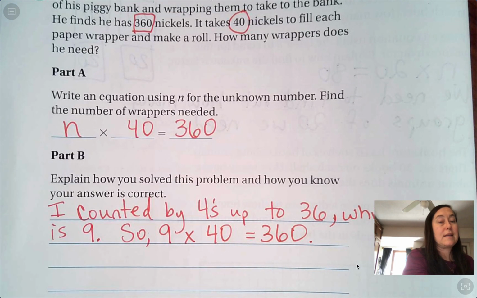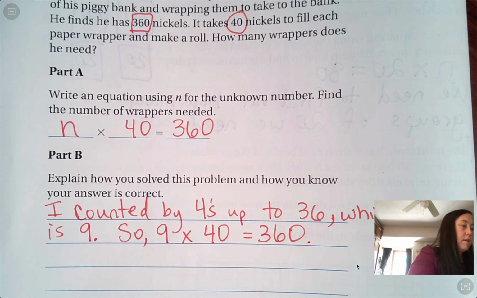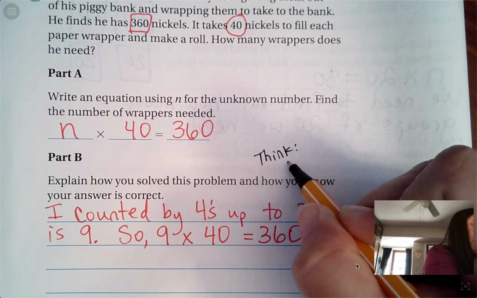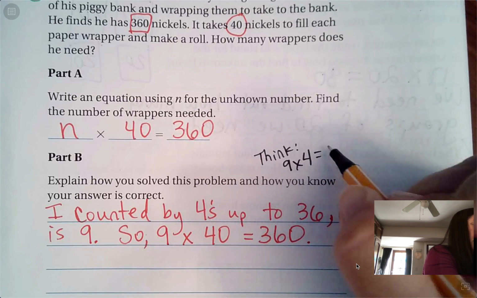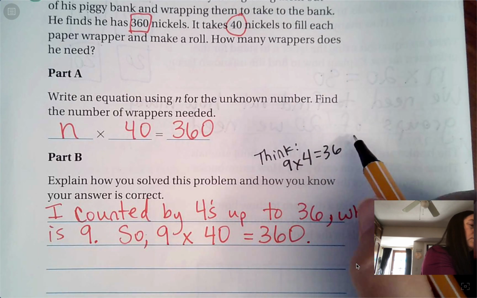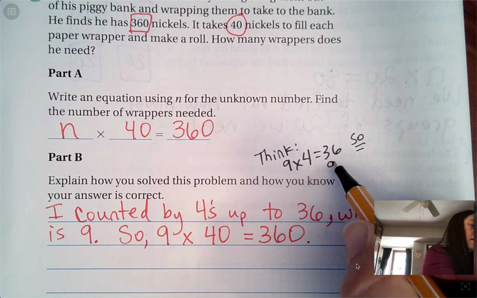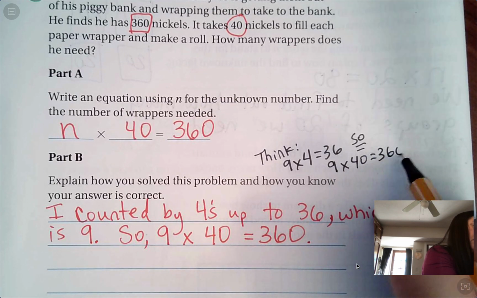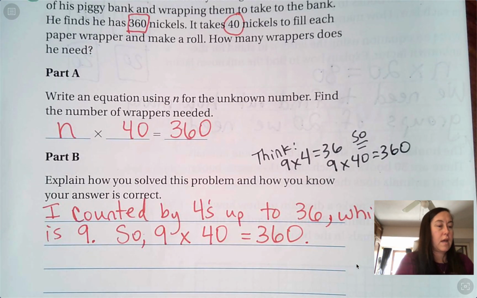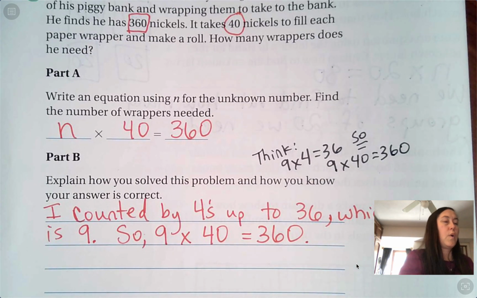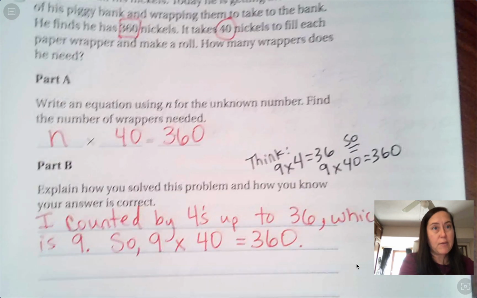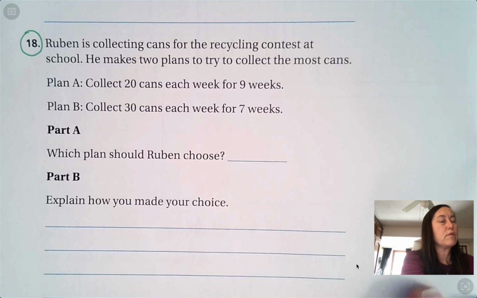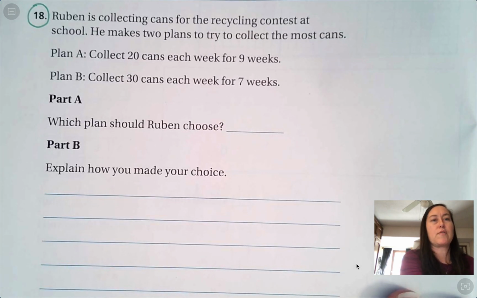So we could do 9 times 4, think 9 times 4 equals 36. So 9 times 40 equals 360. Okay? All right, so many words in these math problems. When we are applying our multiplication knowledge, we can do all sorts of powerful problem solving.